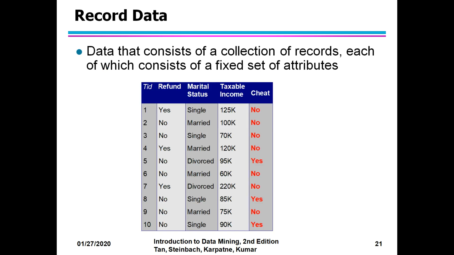Now, coming to the first example, record data. Record data is data that consists of a collection of records, each of which consists of a fixed set of attributes.